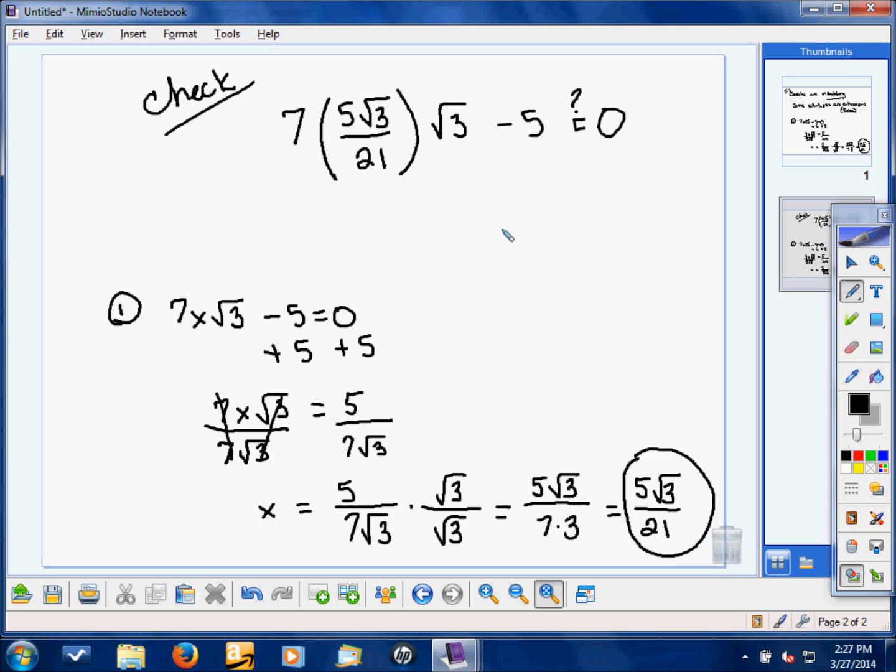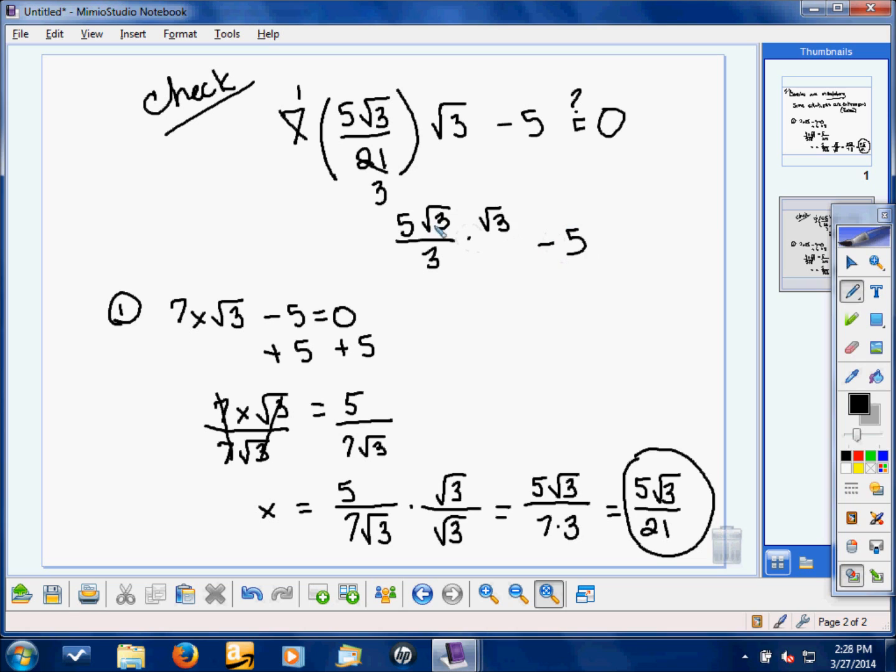So here we go. The 7 and the 21 can cancel. Oh, okay, that's a little better. So we have 5 square root of 3 over 3 times square root of 3.